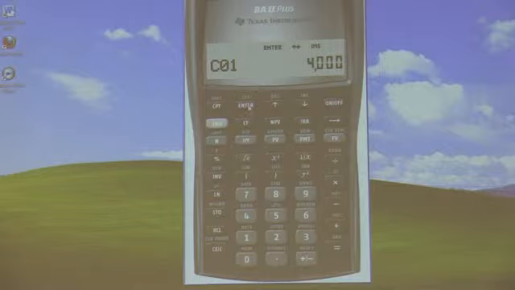Input $4,000, then push enter. Then push the down arrow to F01, which asks for the frequency of the first cash flow. Remember, CF1 only occurred once, so the frequency should be 1. Keep that value at 1. Then push the down arrow, and it will ask for the second cash flow.